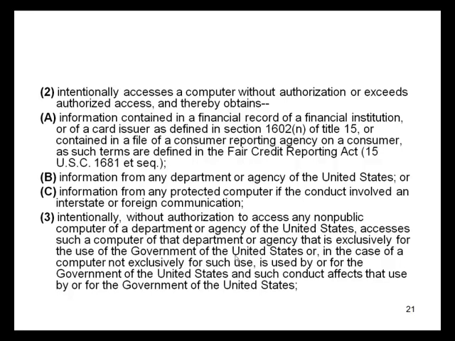And then (a)(2)(B) and (C) is information either belonging to an agency or department of the United States government, or from a protected computer, which the statute will tell you what it is shortly. And then (a)(3) is the computer trespass statute. Basically, it's anybody that goes there and does something, and that use interferes with the government's use of it, then you're in violation of that.